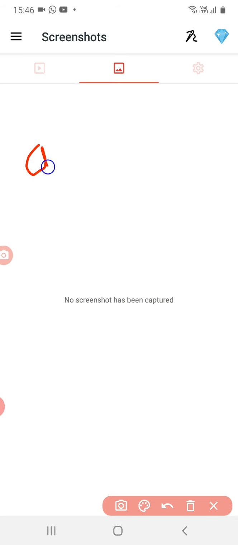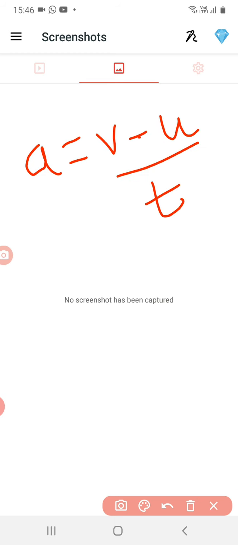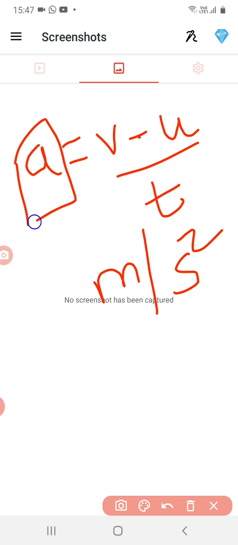Acceleration is represented by small a, and its formula is final velocity minus initial velocity divided by time. Its unit is meter per second square, and acceleration is change in velocity per unit time.